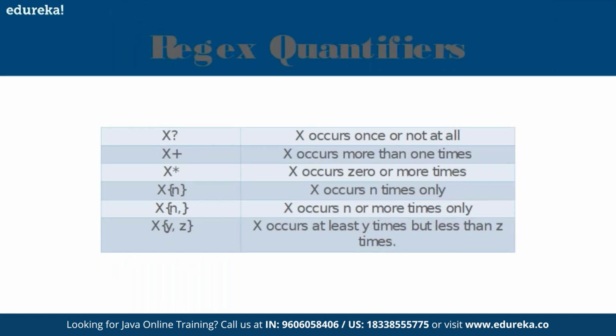If it is a plus, then once or more times. If it is an asterisk, it may occur zero or more times. X with curly braces n means X occurs exactly n times. And X n comma means X occurs n or more times. And X y comma z means X occurs at least y times but less than z times. So that is where we'll show you the demo of this.